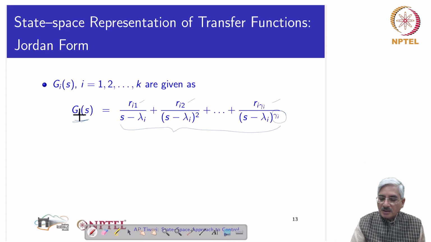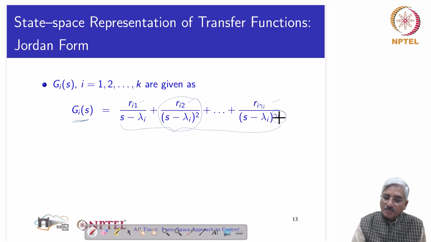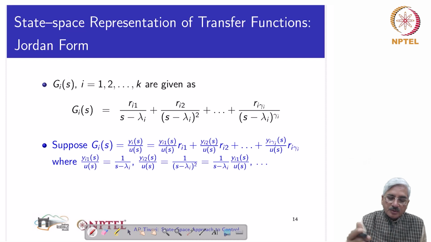So the ith pole has a multiplicity of gamma i. So we have Ri1 divided by s minus lambda i, plus Ri2 divided by s minus lambda i squared, and so on, up to Ri gamma i, the last coefficient, divided by s minus lambda i to the power gamma i. This is one of those, and such will be the representation of all.